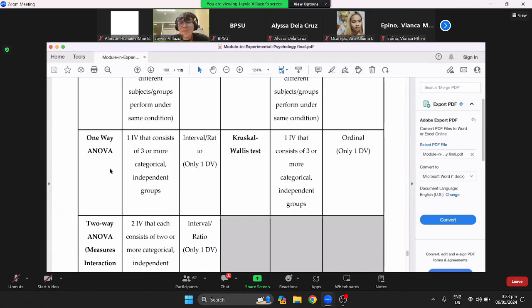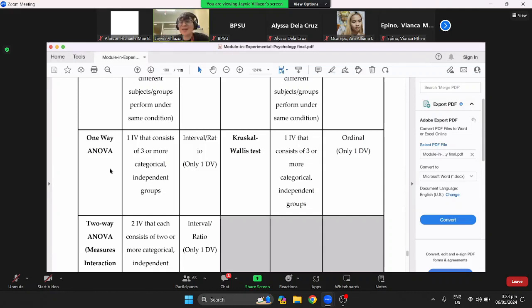Ano-ano ba yung types ng teaching methodology? Yung isa, face-to-face. Yung pangalawa, synchronous. Yung pangatlo, asynchronous. So, ilang levels yun? Tatlo. Una, yung mga estudyante na sa face-to-face. Pangalawa, yung mga estudyante na nasa synchronous. Pangatlo, yung mga estudyante na nasa asynchronous. Ano yung dependent variable natin?